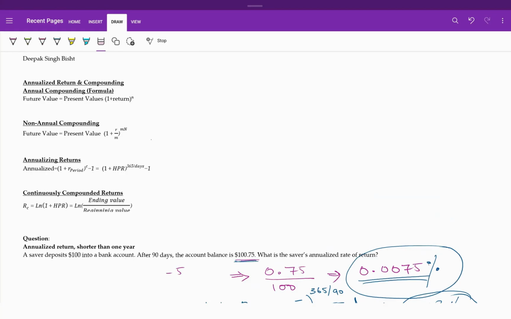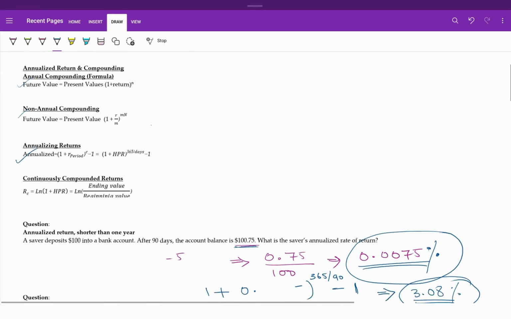We have also discussed questions on annualized returns: non-annualized and annualized compounding and non-annualized compounding. We have already discussed these, and we will apply these concepts more when we do the questions.